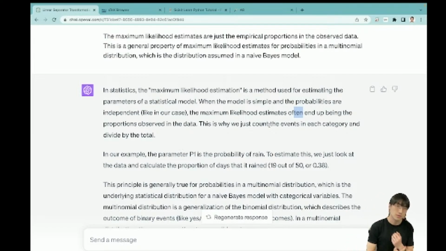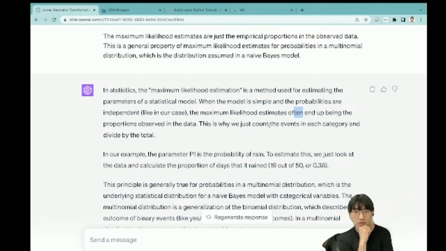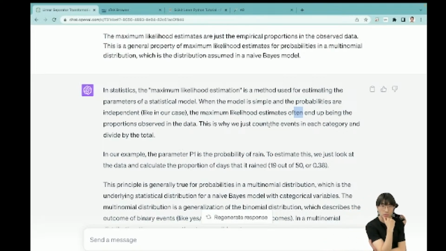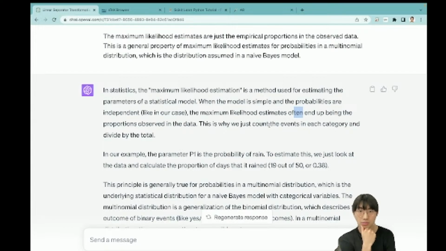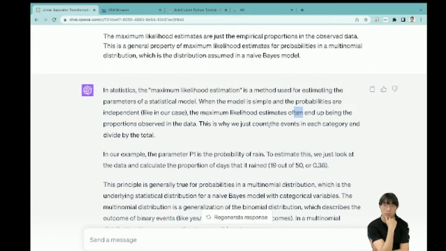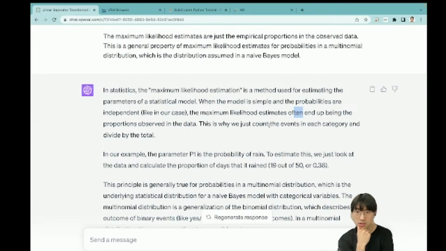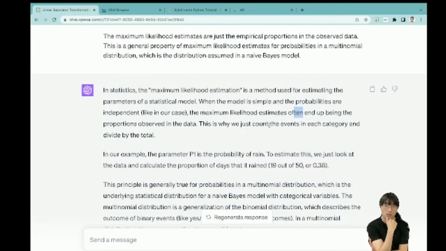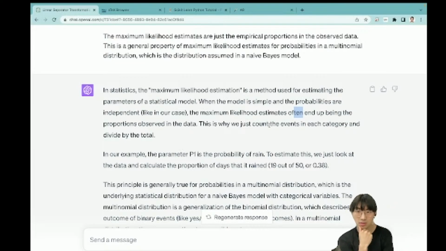That is the conclusion. And this is why we just count the events in each category and divide by the total. In our example, the parameter P1 is the probability of rain. To estimate this, we just look at the data and calculate the proportion of days it rained.